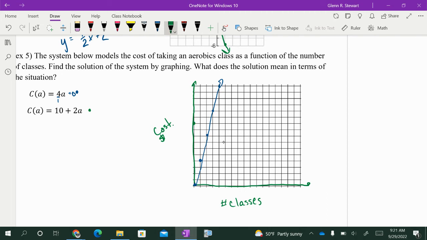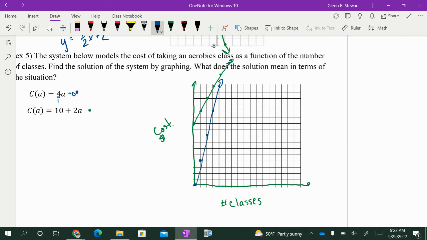And then from there, it's going to go up 2 and right 1, up 2 and right 1, up 2 and right 1. If I keep going, up 2 and right 1, I might have to go a little bit off the grid or maybe even scale. So my next one will be 4.